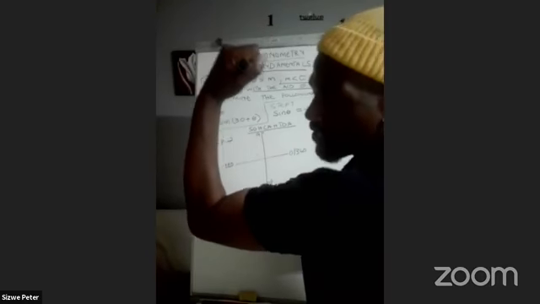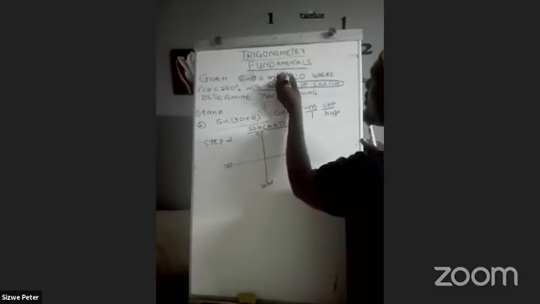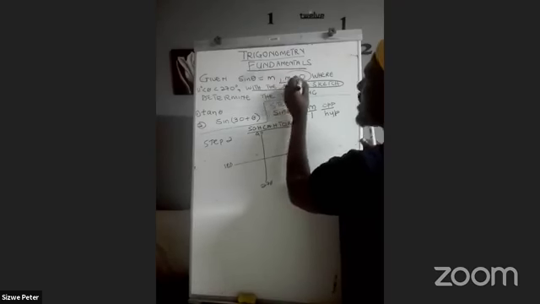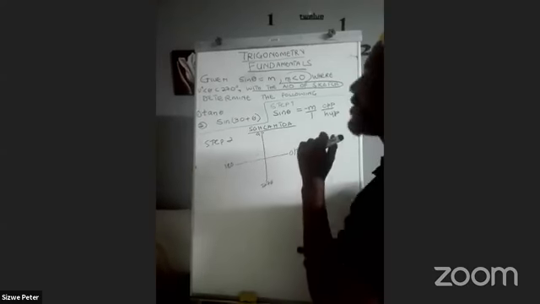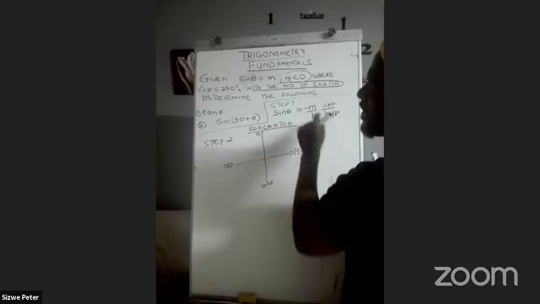In the statement they told me that this m is less than 0. You must read that. Something that's less than 0, it's negative.